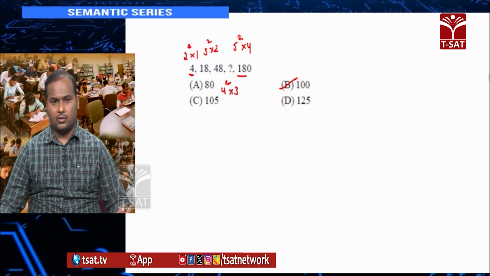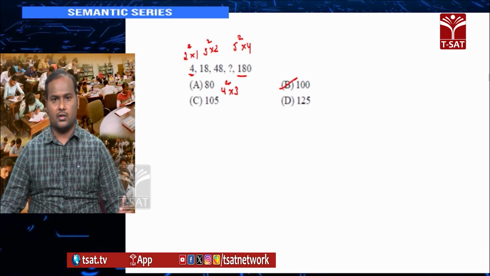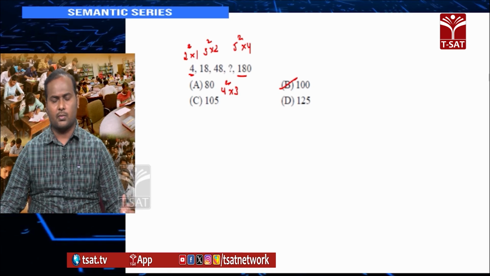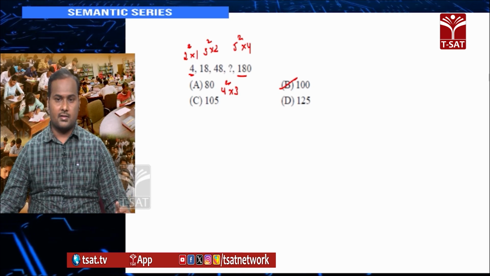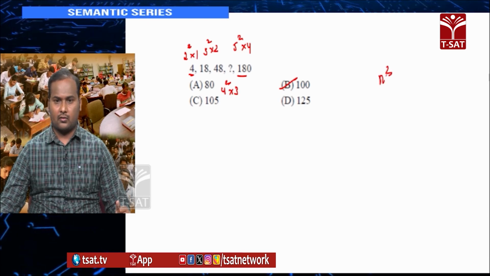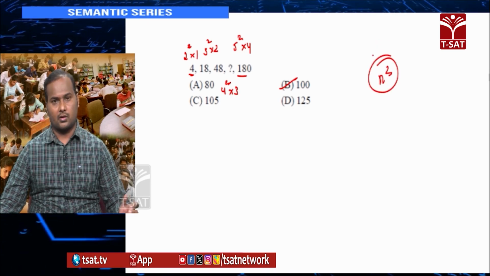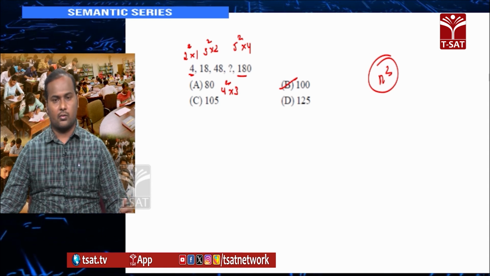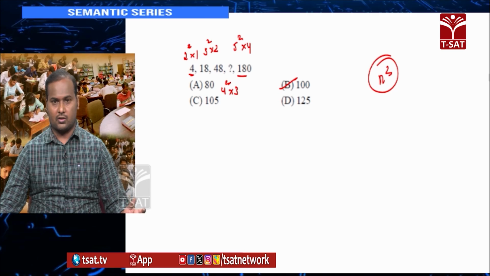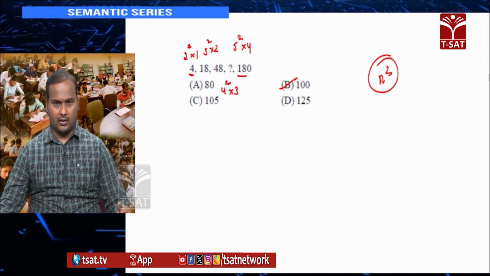So, in this case you need to identify the sequence, how it is increasing. Whenever a huge jump is involved, some kind of multiplication is involved. Generally in the SSC, I said that the questions will be in the format of n squares, not only the additions and subtractions, that is n square plus n or n square plus 2 or n square plus 3 or n square minus 1 or n square minus 2 or n square minus 3. Apart from this, n square plus n and n square minus n I said.